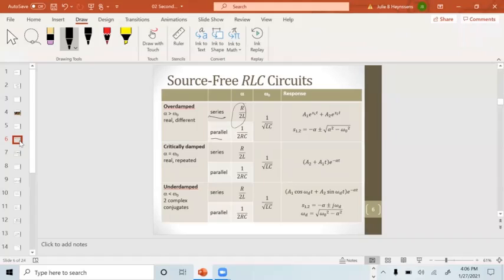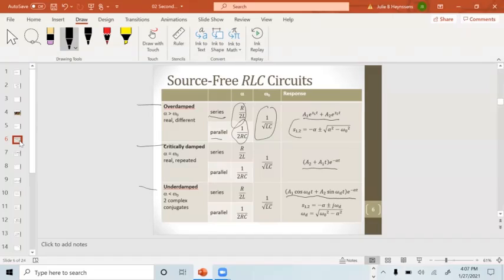Then you calculate alpha using the component values, calculate omega naught, and determine the type of damping: is it critically damped, overdamped, or underdamped? Once you do that, you can figure out the form of the response. This will be the answer. If you're looking for iL, it'll look like that. If you're looking for vR, it'll still have the same form.